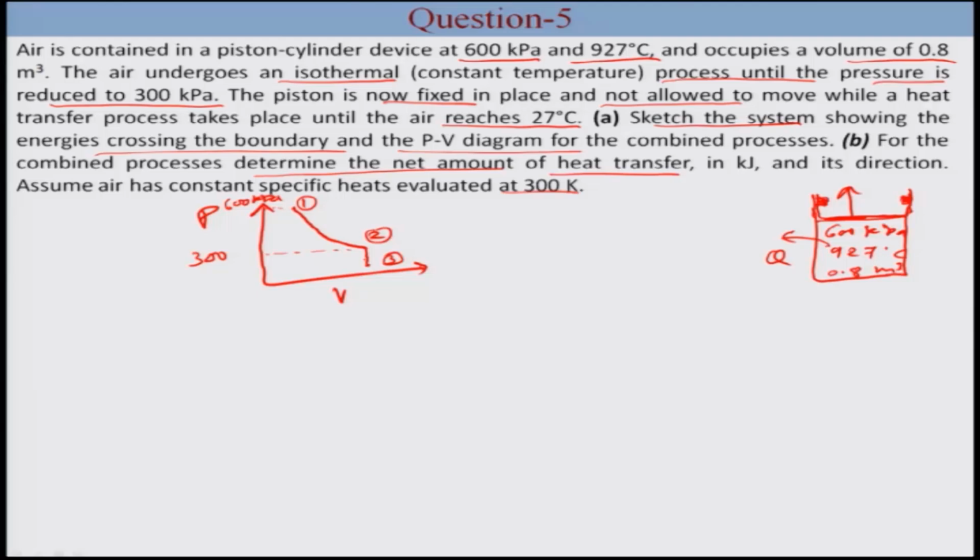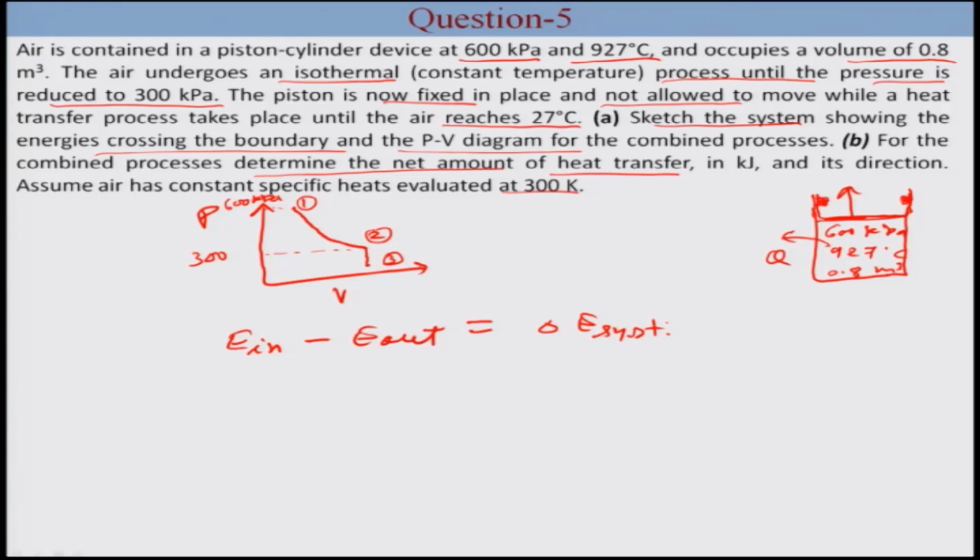The second part of the question asks for the net amount of heat transfer in kilojoule. So we need to determine the net amount of heat transfer. For that, this is a closed system. So for a closed system, the energy balance would be E in minus E out equal to the change in energy of the whole system.